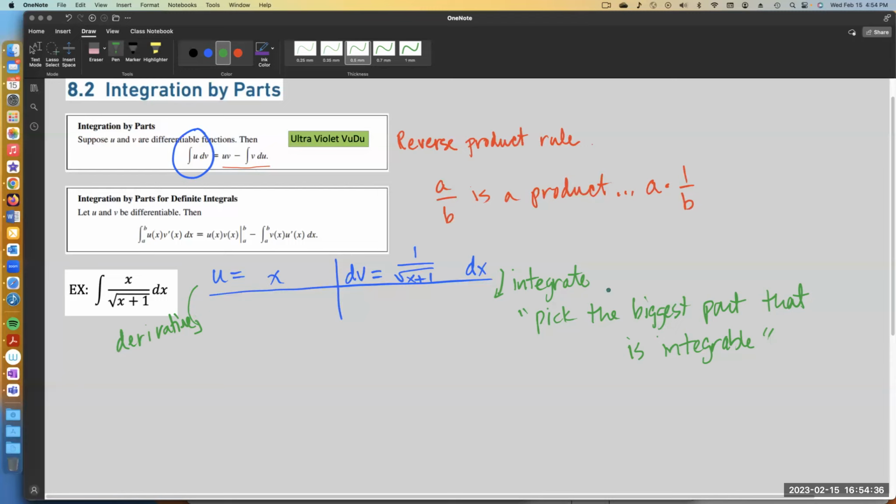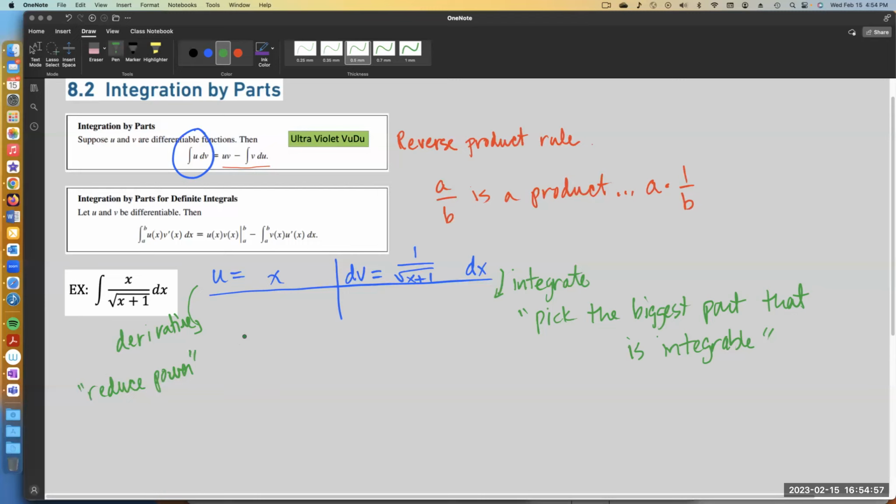In other words, if you can pick the biggest thing that's integrable over here, that almost always works perfectly. Over here, if you can reduce the power of x, that's usually a good thing, but not always. We'll see a couple of exceptions.